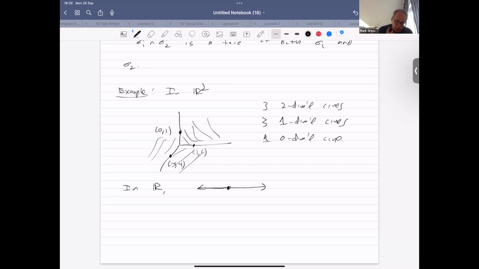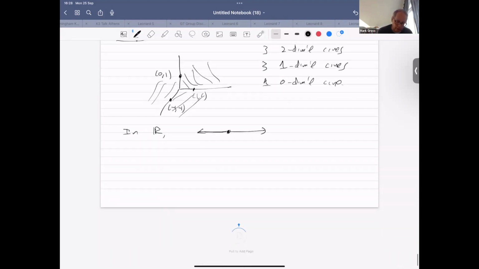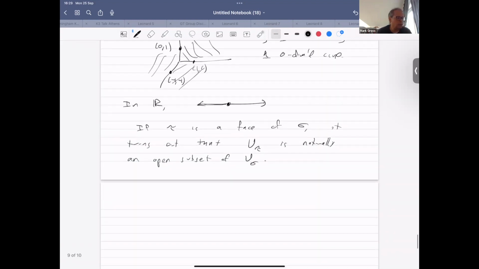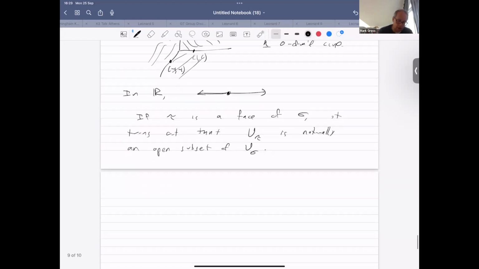Okay. Now, the key point is, why do we like fans? If tau is a face of sigma, it turns out that U tau is naturally an open subset of U sigma. Maybe I'll do a specific example.